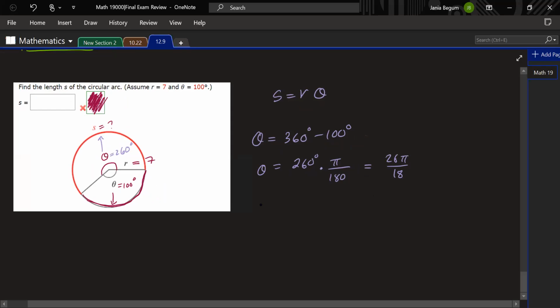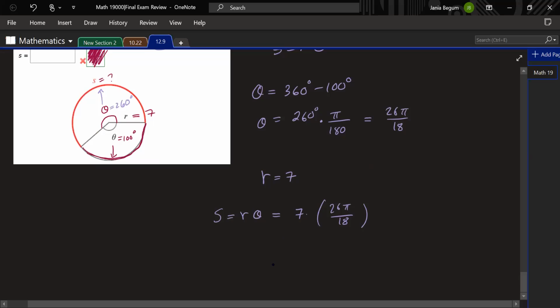And what is r? We already know r, which is given in the question: 7. Now plug everything into the formula. S is equal to R times theta, so we have 7 times 26 pi over 18. Then the rest is multiplying these numbers. You could simplify 26 over 18.